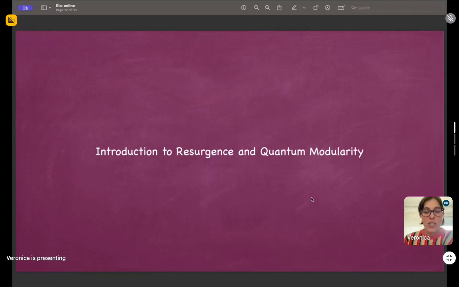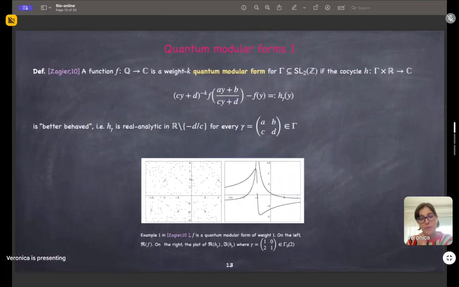So let me start briefly with resurgence and quantum modularity, because they are the way we will understand the appearance of this L function. And I will start with quantum modularity. Quantum modular forms were introduced by Zagier some time ago, and his first definition was the following.